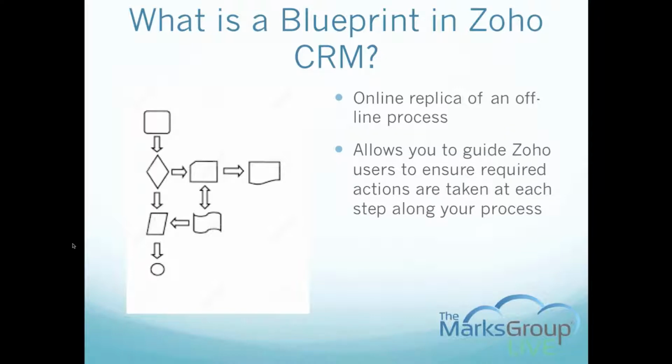The benefit of having a blueprint in Zoho is that you can ensure, for instance, if someone wants to qualify a lead and there's a certain piece of data that you always need them to capture, you can force them through this blueprint so they cannot move to the next stage in the process until they put that piece of information in. So basically, it just guides the user on what actions they need to take and how to work through a process.